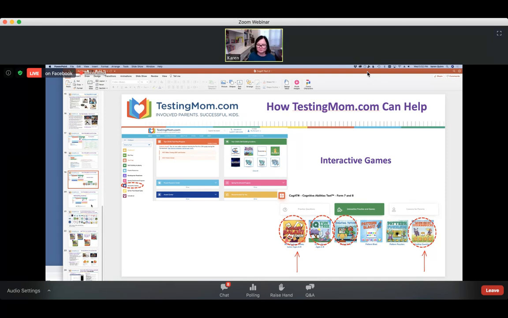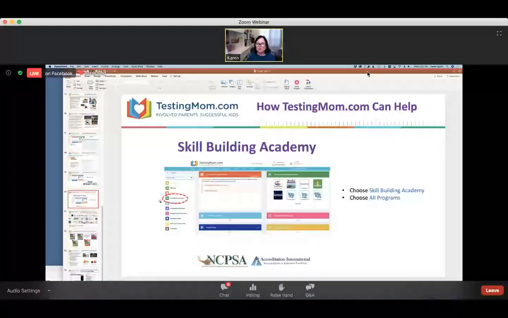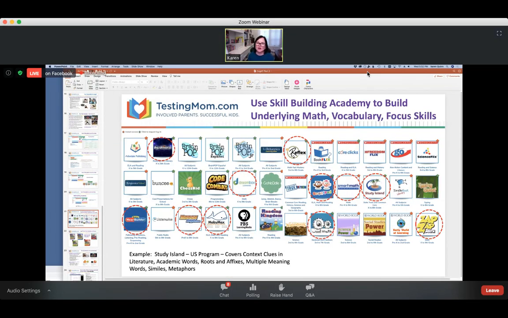Also, in our Skill Building Academy, when you log in, go to our Skill Building Academy, we have a number of learning programs where your child can work. Here they can work on vocabulary.